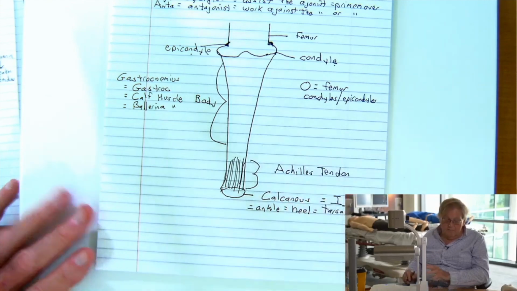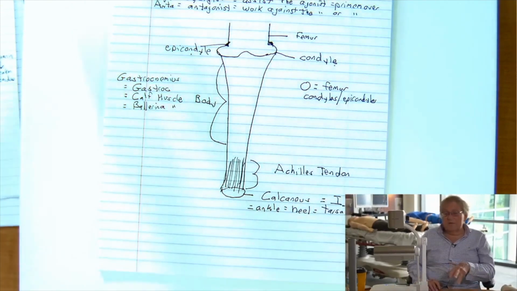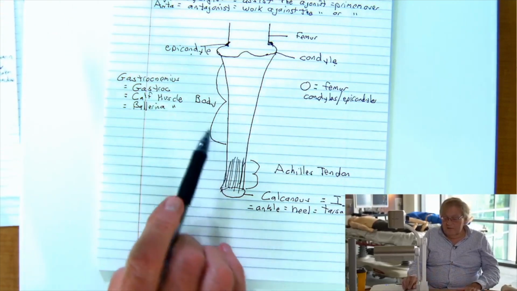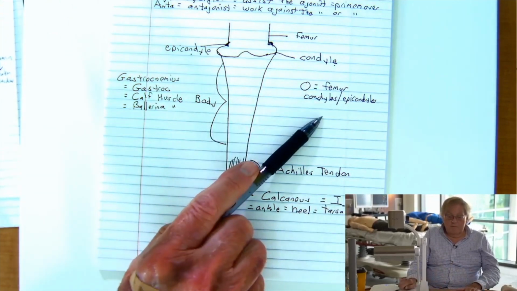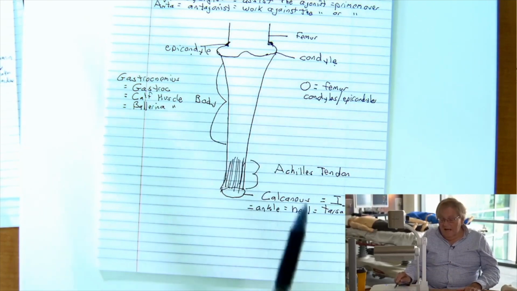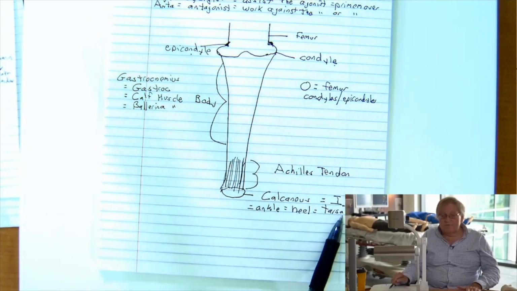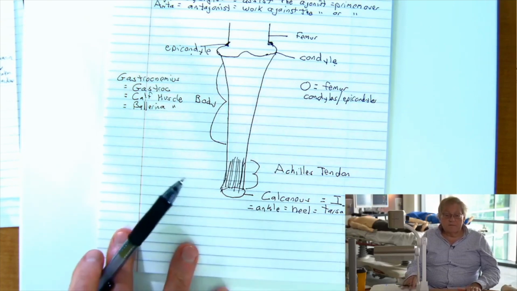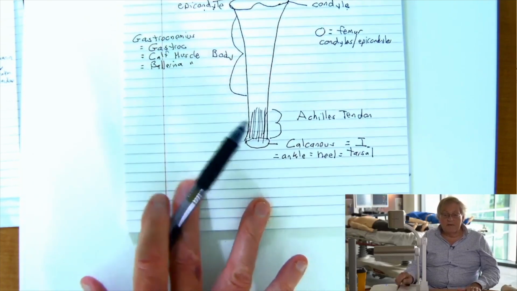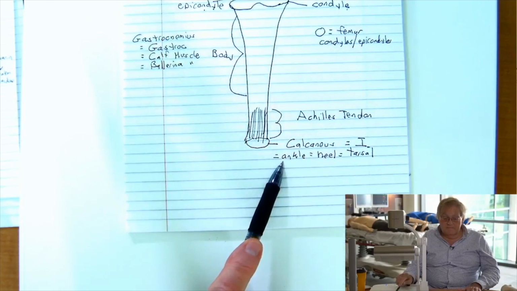So that's how we think of the big picture here. This muscle has an O, the femur or femoral condyles. It's got a body, it's got an I, the insertion, which is the calcaneus, remember, via the Achilles tendon.